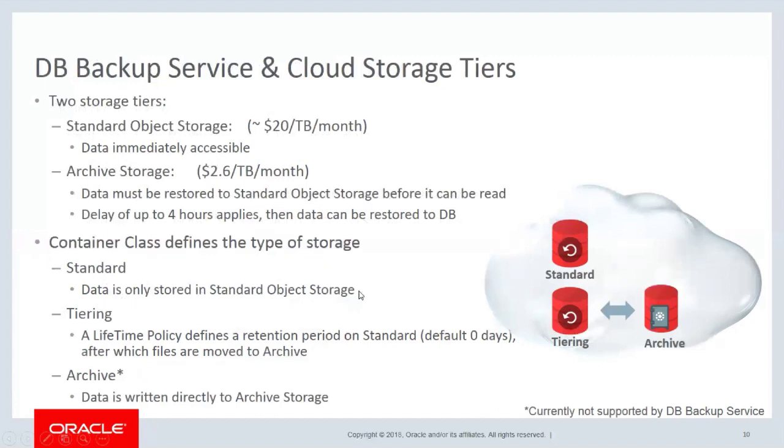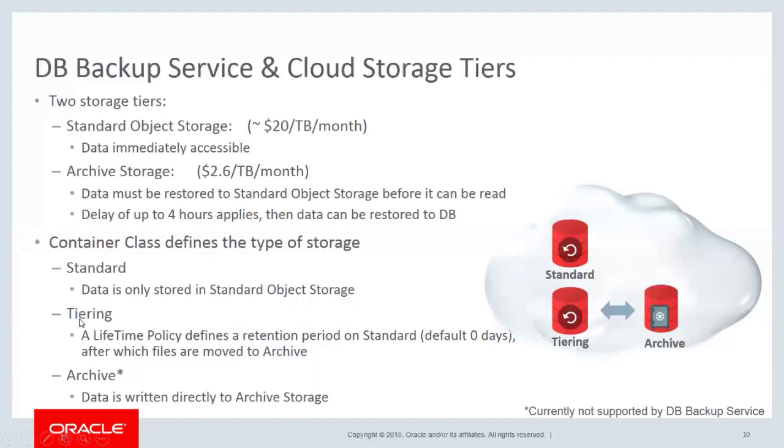Standard container, which obviously is the standard object storage that I mentioned. And then we have tiering containers and archive containers. Archive containers are archive storage containers. When you create an archive container, data that you send to that container goes straight to archive storage. And if you want to get it back, you have to recall it.